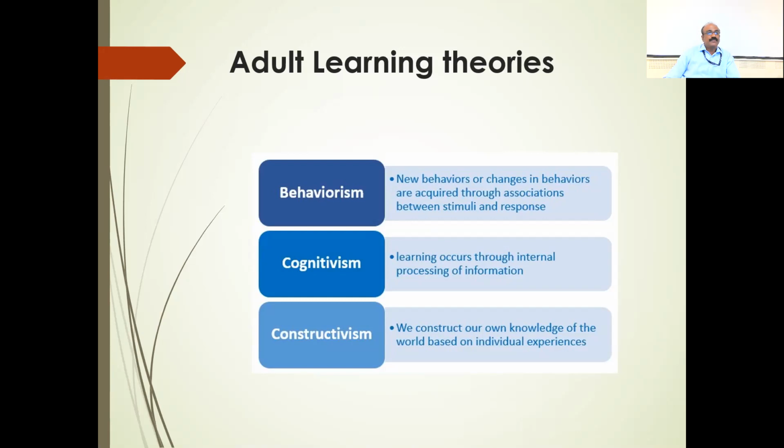Now let us see what cognitivism says. Cognitivism says that learning occurs through internal processing of information. Whereas behaviorism says new behaviors or changes in behavior are acquired through association between stimuli and response, cognitivism says learning occurs through internal processing of information.